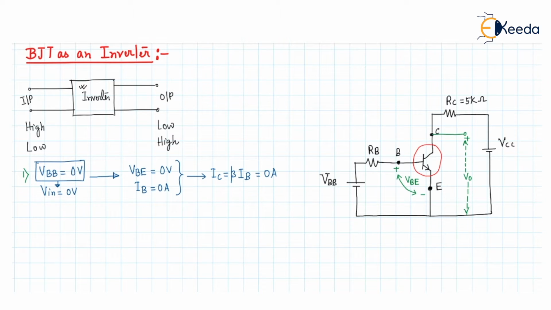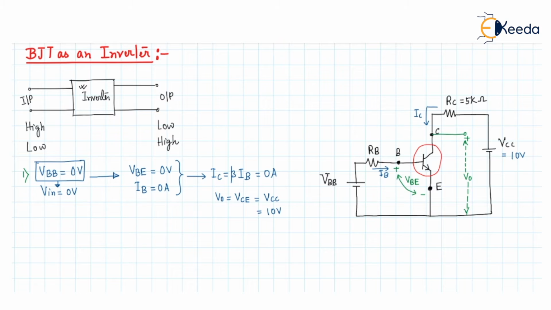Since the IC current is 0, that means the IC current flowing in this direction through the RC, and the IB current here, are both zero. So we can say that the V0 value, which is nothing but the collector to emitter potential, will be equal to VCC, and if we have applied VCC as 10 volt, then we'll get the output voltage as 10 volt.